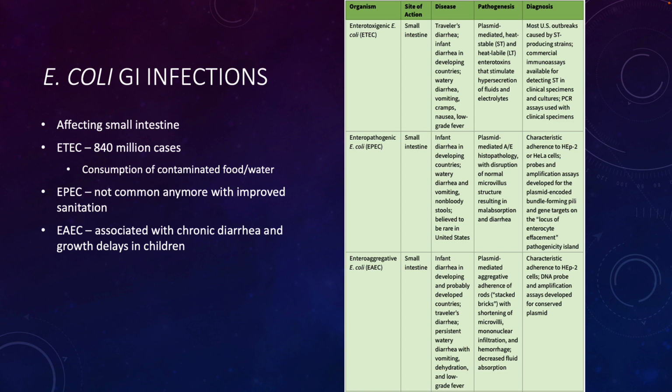And when they are altered by these bacteria, you have altered absorption of water, which again can lead to the diarrhea. You also have enteroaggregative E. coli that can, again, modify the structure of the microvilli. This one can also lead to infiltration of monocytes and hemorrhage. So you could see bloody diarrhea with these patients.